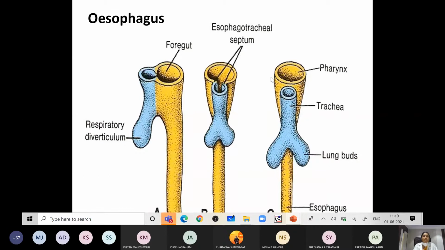You can see here, this is the food passage, and this is the air passage anteriorly. Clear? The epithelial lining of the esophagus, and of the whole of the gut, is developed from the endoderm.